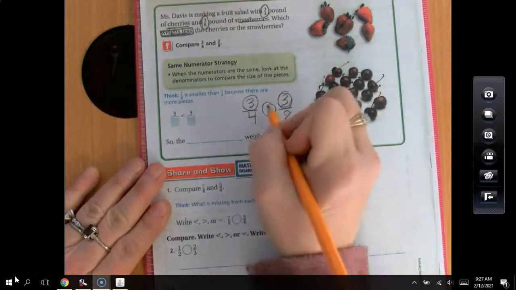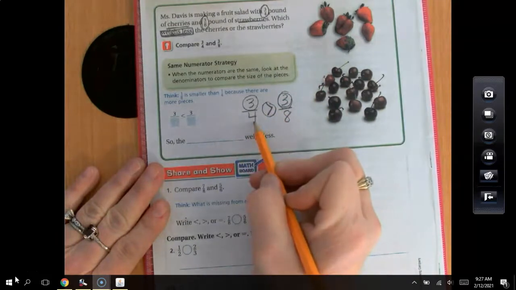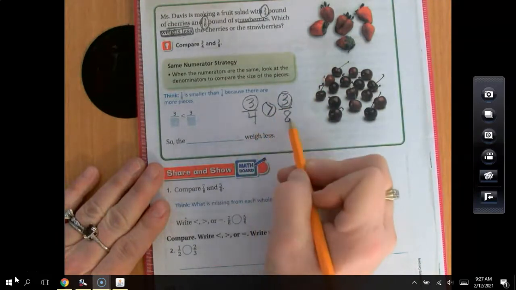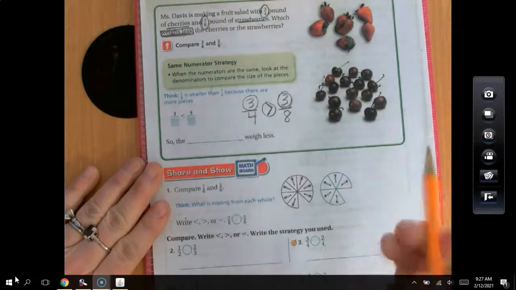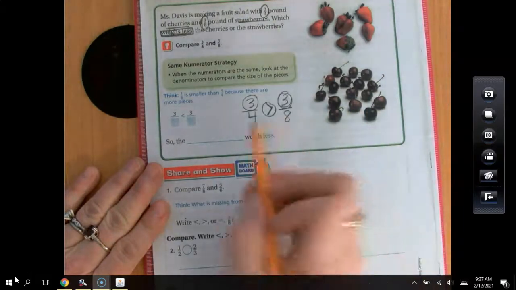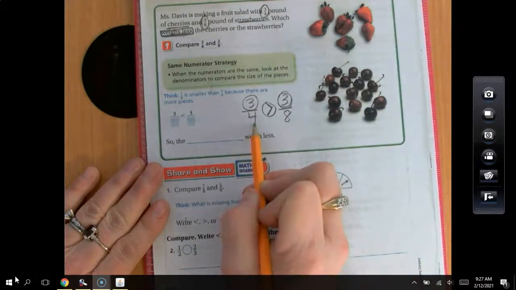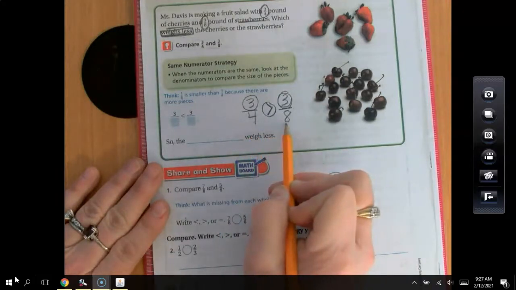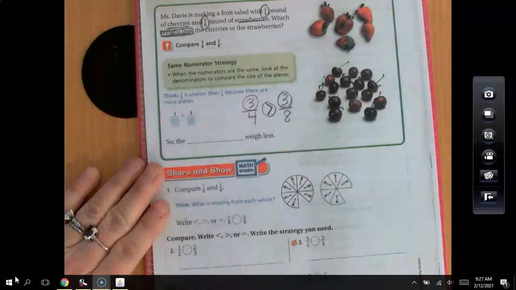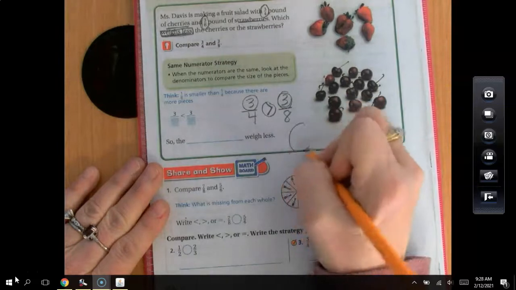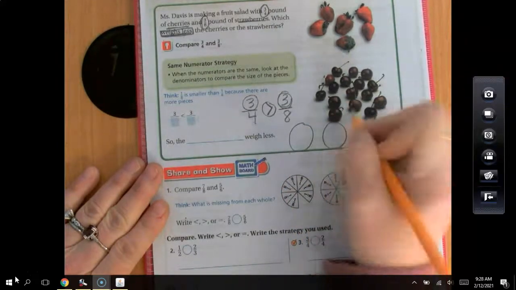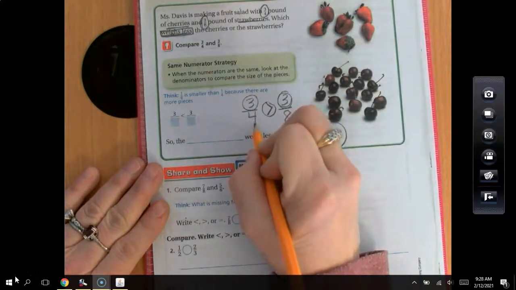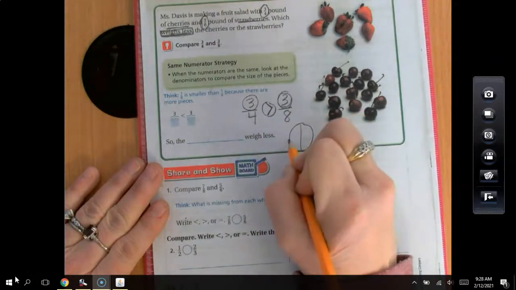Yes, 3/4, okay? My 3/4 is bigger than 3/8 because I'm going to get a bigger piece when I only share with 4 friends than if I would share with 8 friends, okay? Again, you could draw the picture. I can draw 2 circles. I can cut my first one, remember your total number of pieces is at the bottom, into 4 pieces.